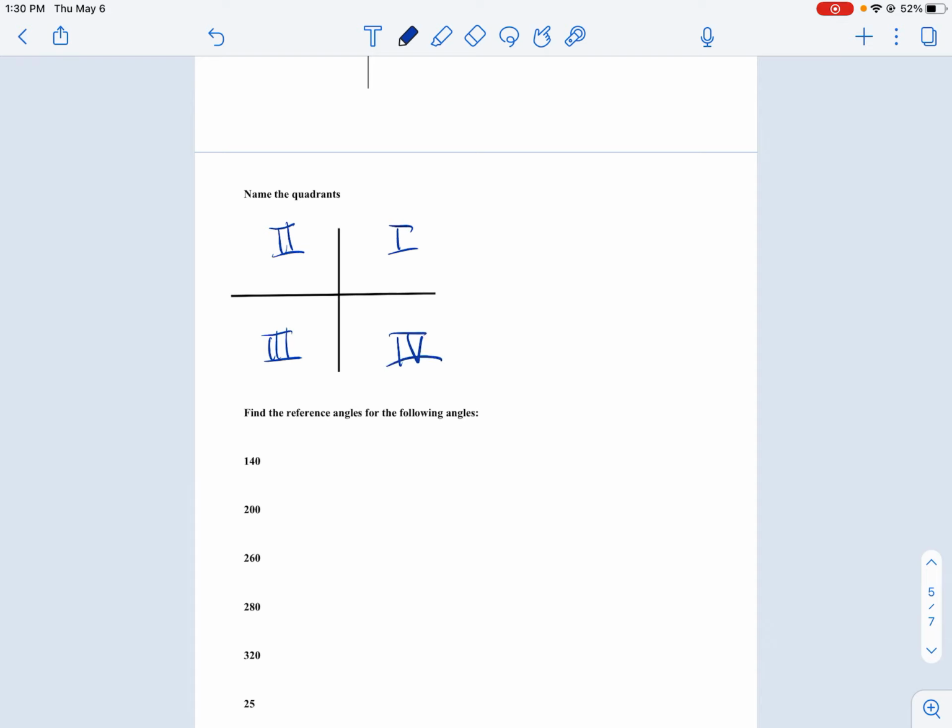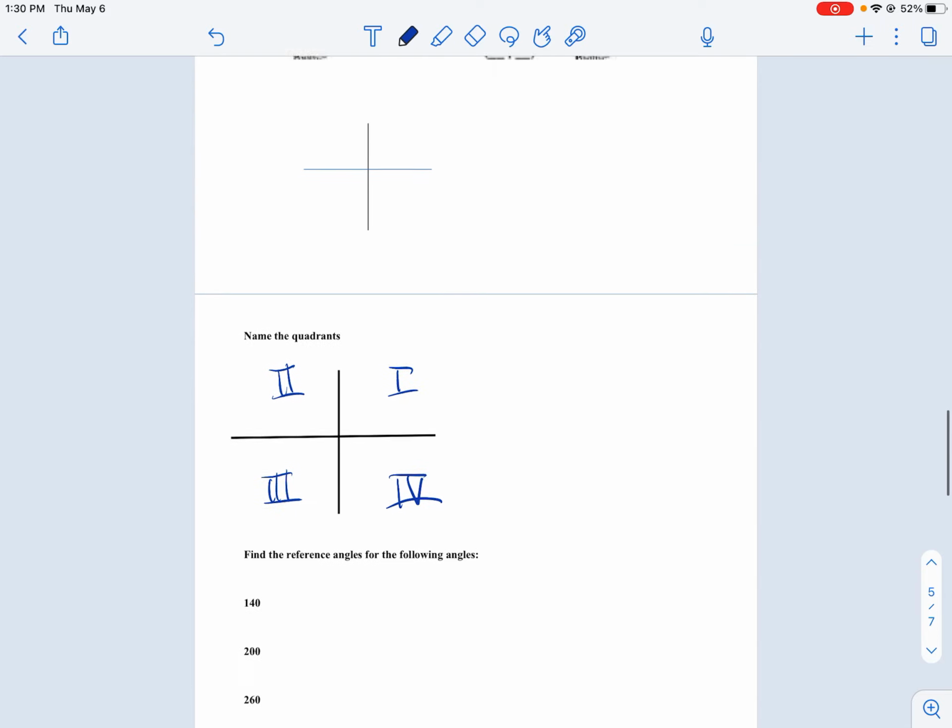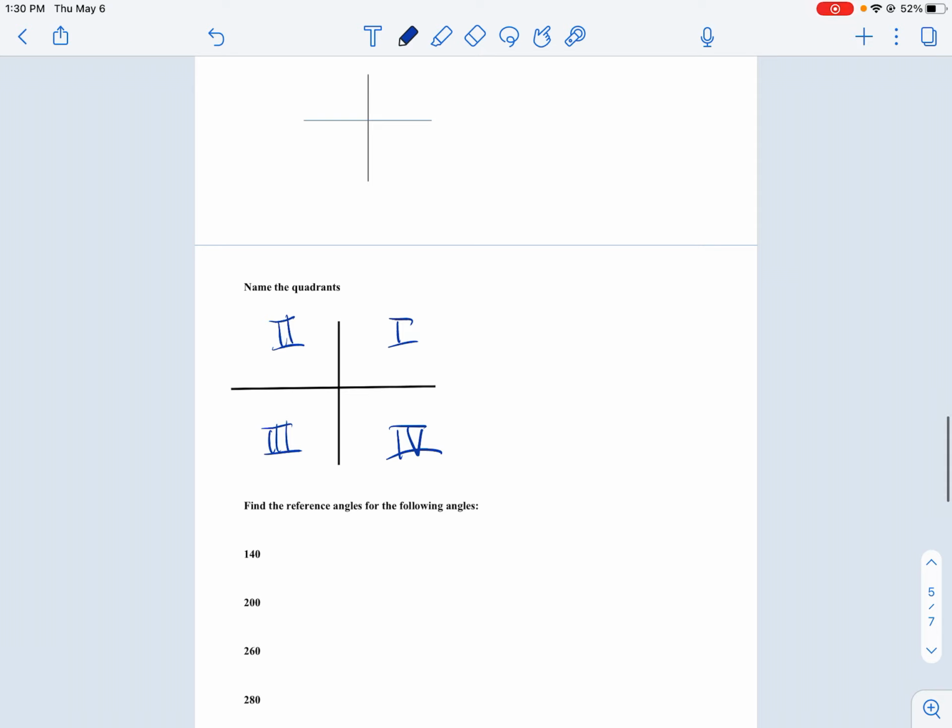A way to remember which x and y value needs to be negated is this phrase right here. It says "All Students Talk Constantly," which states this: All means all positive. The S stands for when the sine is negative. The T stands for when the tan is negative.